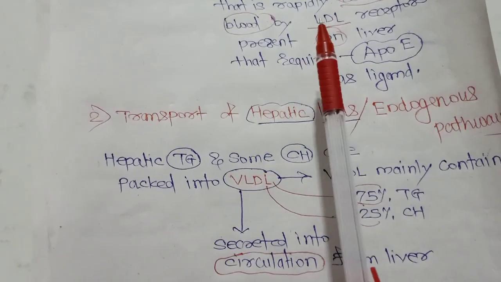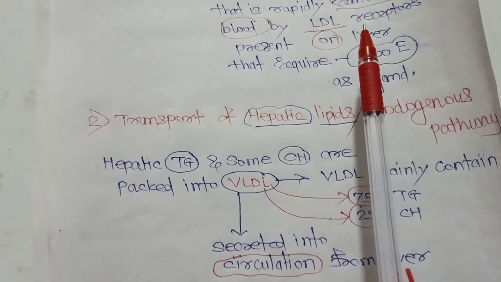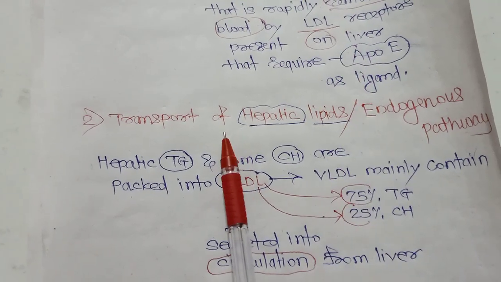So this is called the exogenous pathway or transport of dietary lipids.